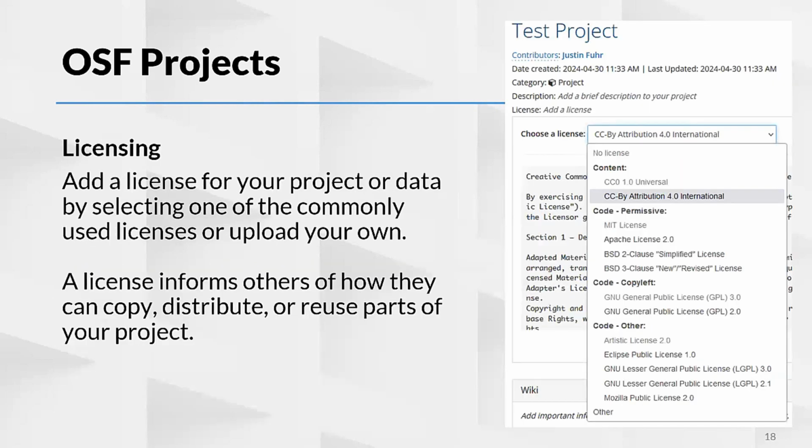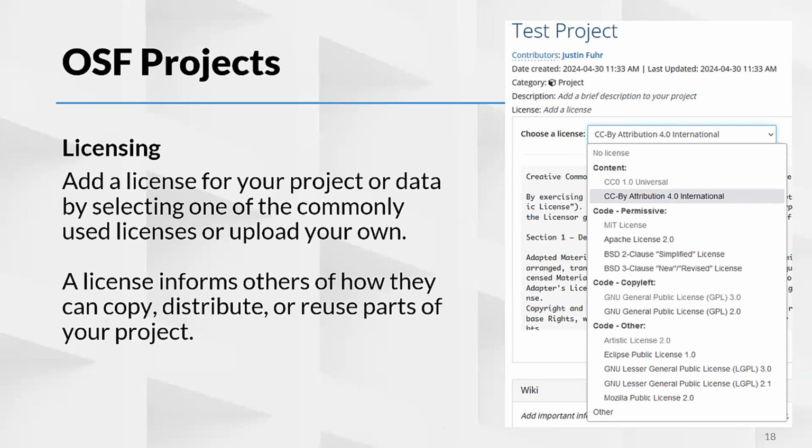You can also license your project in different ways. I highly recommend you do this from the outset. There's all sorts of licenses you can add depending on what kind of data you have in your OSF project. I usually use something like a Creative Commons Attribution 4.0 license.